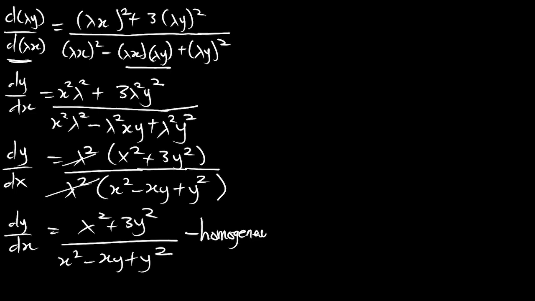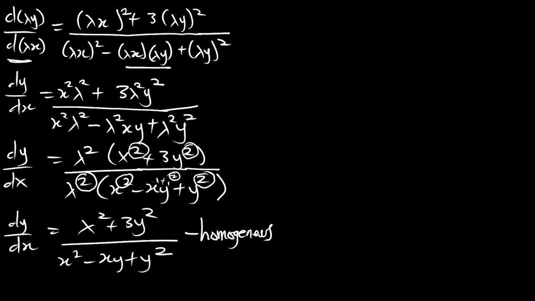Are we good? One thing we should take note of is that after getting your lambda outside, the power of the lambda is always going to match the one of the equation. Here, when you add the powers, you're also going to get 2.